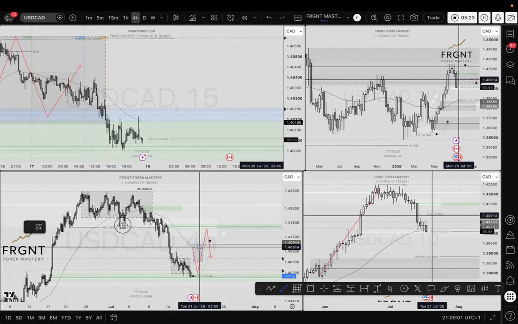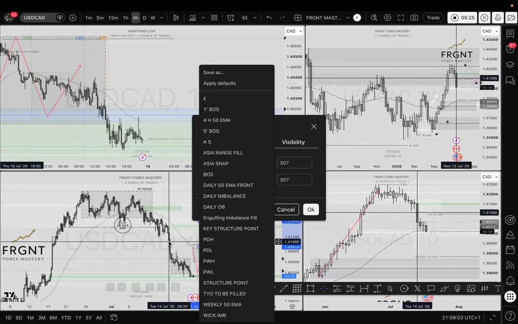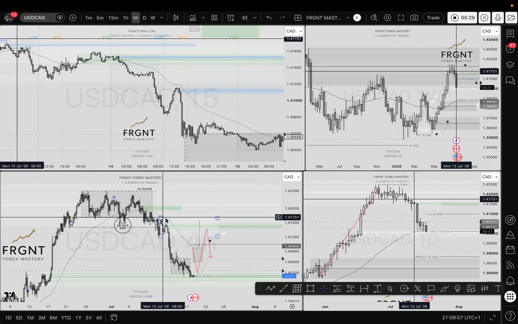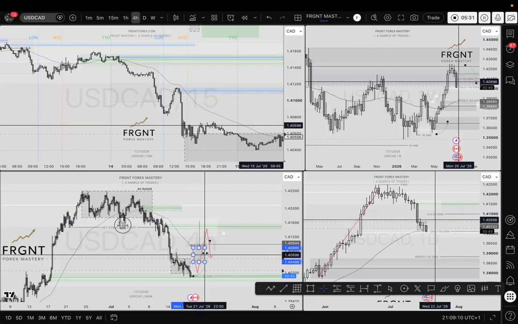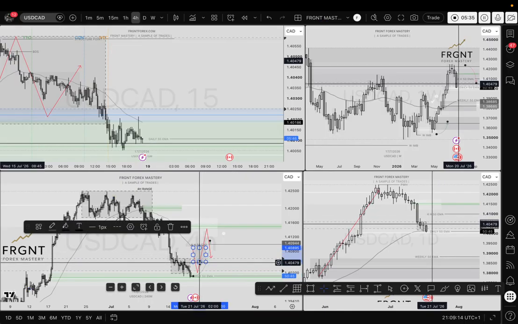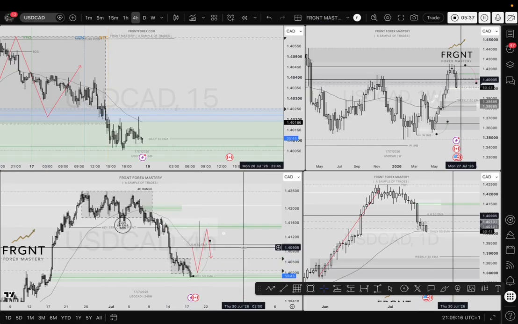Potentially that would be me entering on the wick, and we would have a rejection of the 4-hour 50 MA. I then look at price history in regards to the performance of that 4-hour 50 MA to try and support my thought process. So that's just an explanation on the EMA.